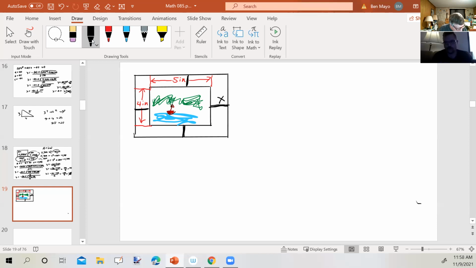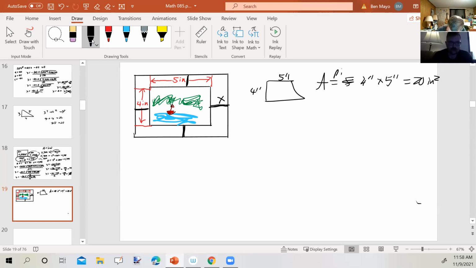It says, how wide is the matting if its area, so the area of the frame, equals the area of the picture? Okay, now the picture is 4 inches by 5 inches. You see that? So the area is 4 inches by 5 inches, which is 20 square inches.